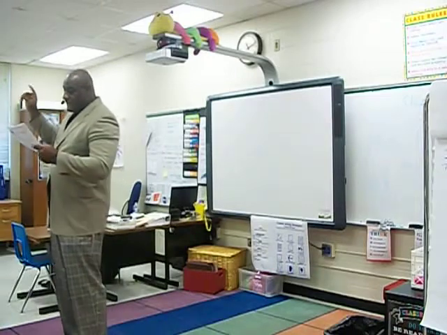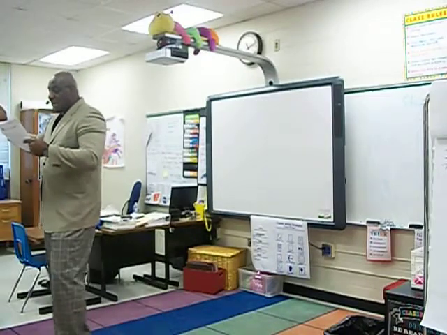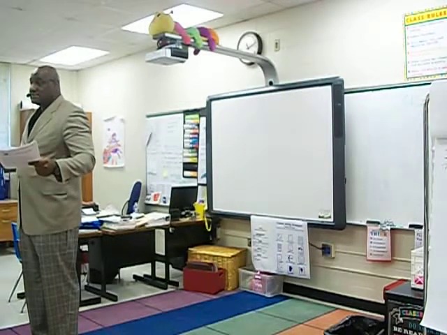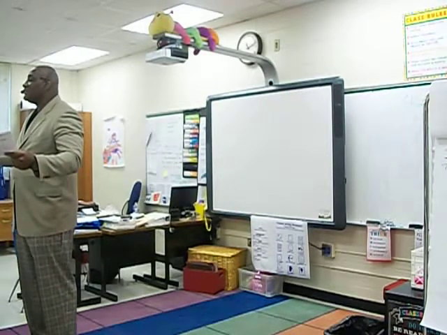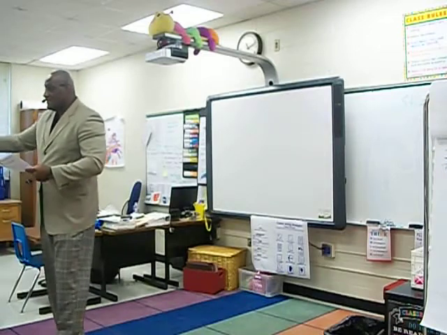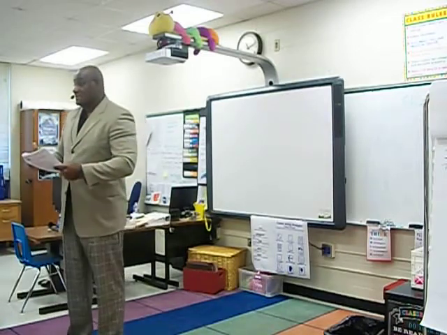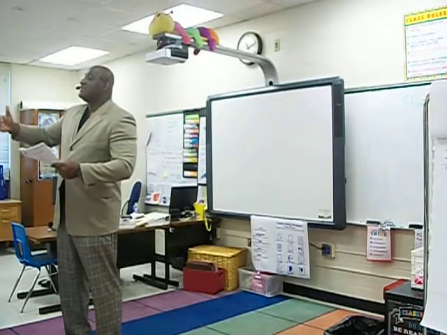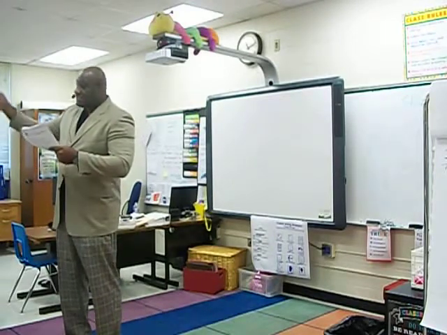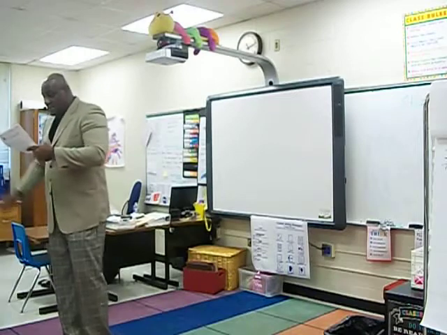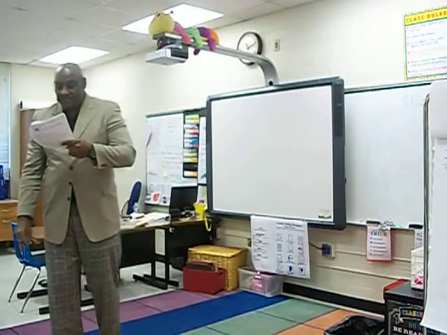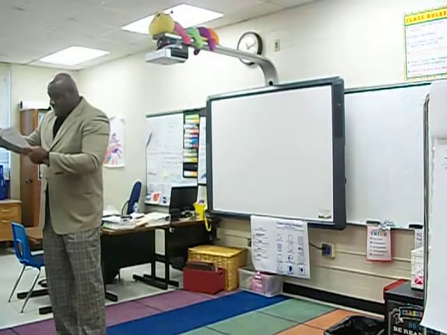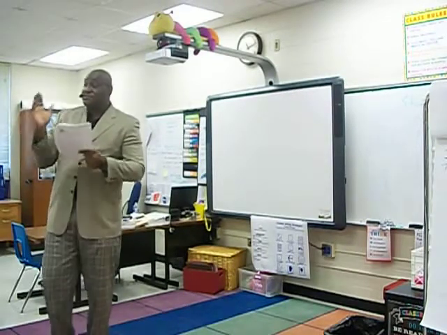One of those is listing who my target audience is, the people that need the book, because everybody doesn't need it. So I have to find out how I can get this book to the people I believe need it. I do that first, check it off, then I make up a plan: how am I going to reach them? Check it off, and then I have to do it.